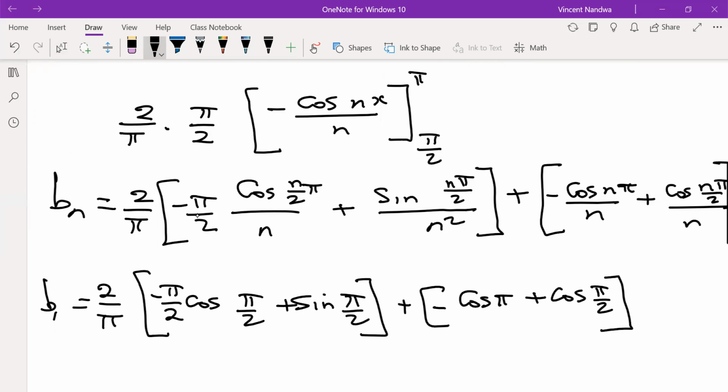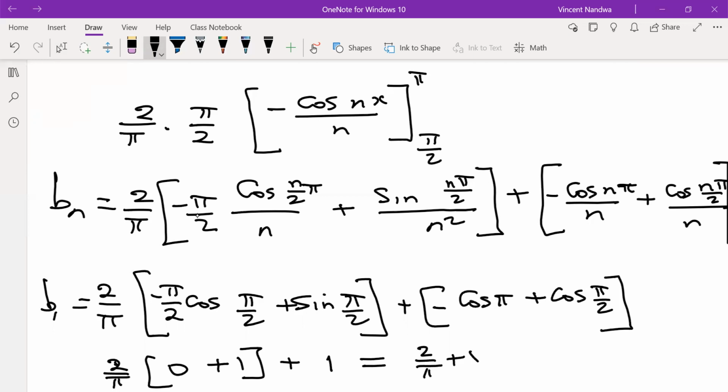The first value gives us 0 because cosine of pi over 2 is 0, plus 1 because sine of pi over 2 is 1, and then the rest combine to give 1.